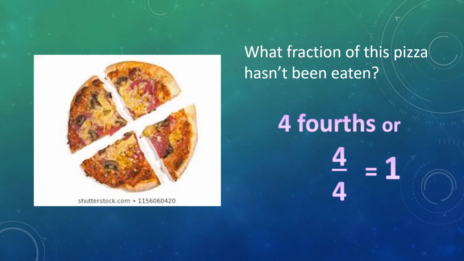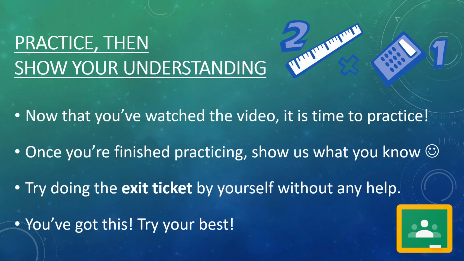So today when you're doing your daily practice, you will take a look at fractions, and you will practice some of the skills from yesterday. You'll take a look at some fractions, and it might not be that everything is shaded, so please be careful of that and read your questions carefully.